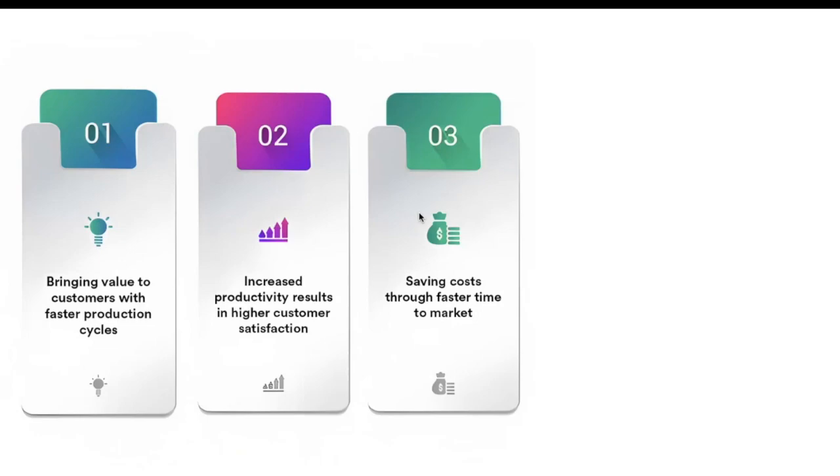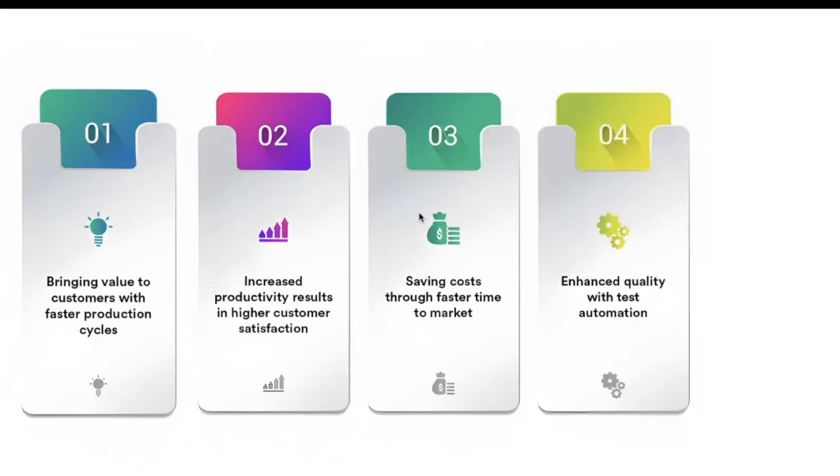And it will also enhance the quality of the software with test automation. As we have test cases in place, the software quality also increases, and they will identify the bugs at a very early stage so that they can fix them and then release the application. After a production deployment, you don't see many issues.